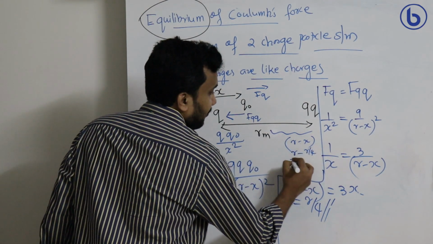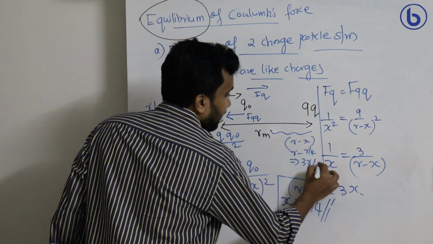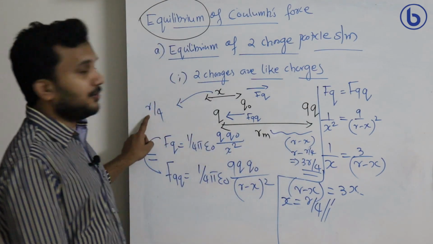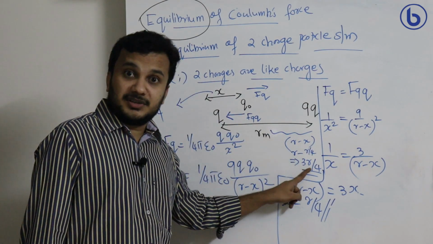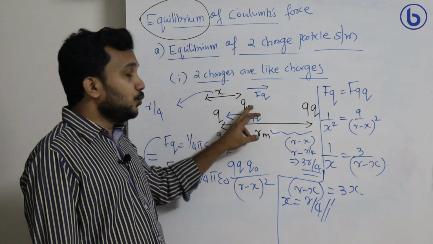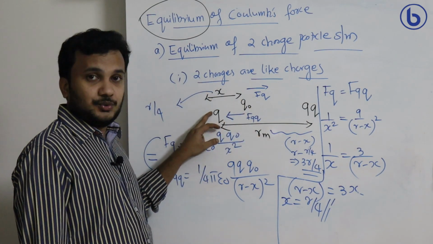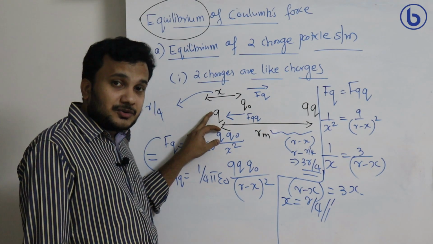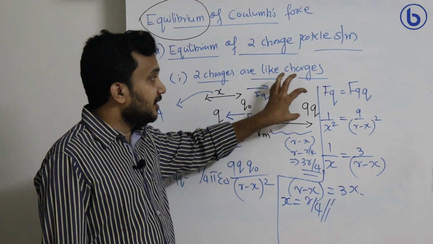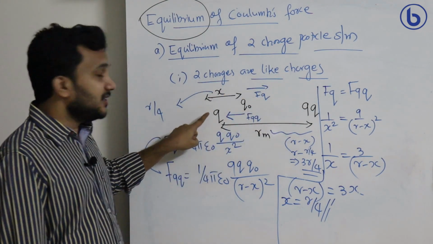R minus R by 4 equal to 3R by 4. So is 3R by 4 higher or R by 4 higher? 3R by 4 is the higher value, R by 4 is the lesser value, which means Q0 is always closer to the charge which has less value. Here it is higher value, 9Q, but here it is only Q.